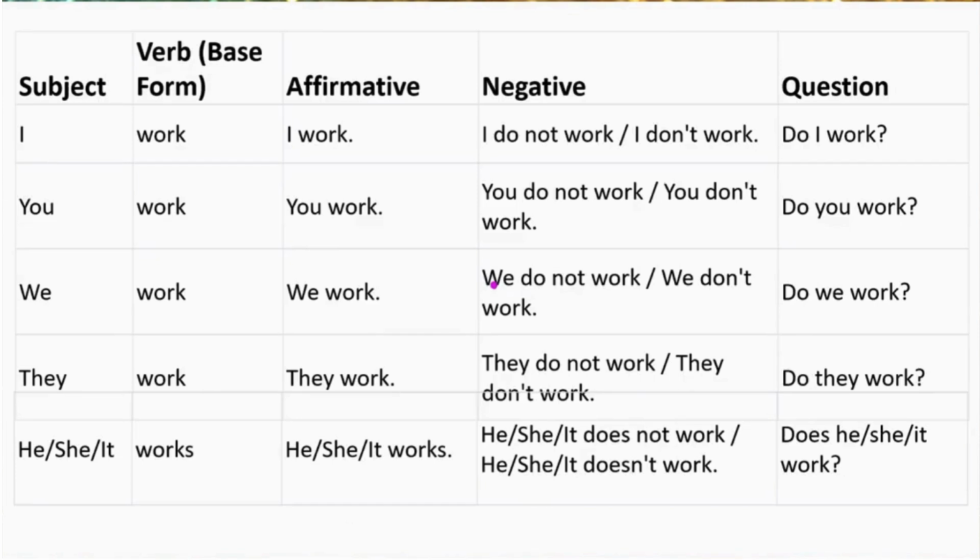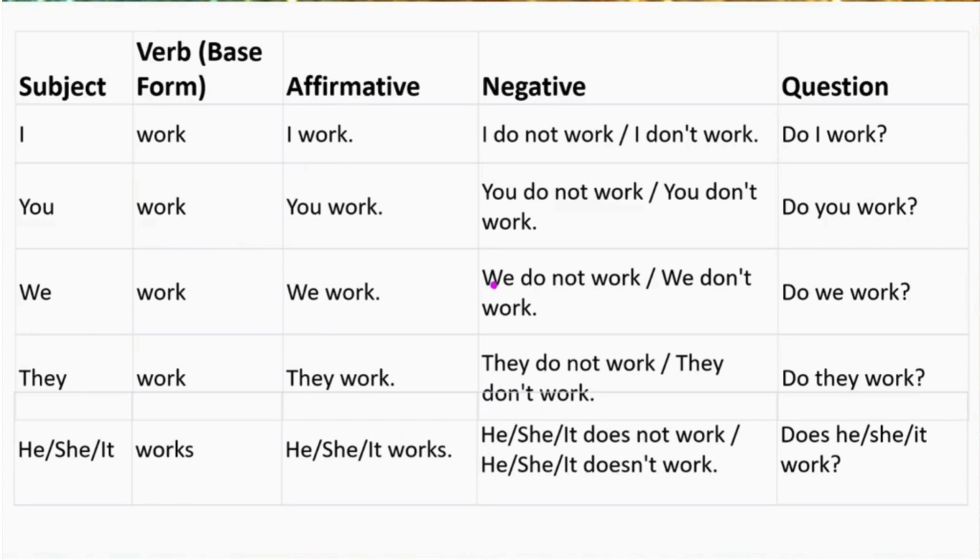Here is the recap of what we have learned so far. I work, subject is I, and work is base form of the verb. It's an affirmative or positive sentence. I do not work. I don't work. And the question form is do I work? You work. You don't work. Do you work?